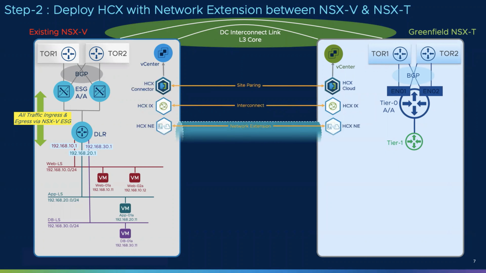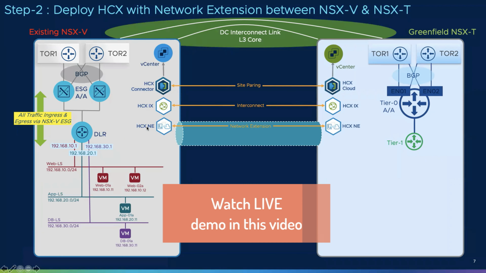Once you start the HCX deployment, the very first thing it will do is create a site pairing between your NSX T vCenter and your NSX V vCenter. Once it creates the site pairing, it's going to create a service mesh, which is going to deploy 2 appliances: HCX interconnect and HCX network extension.